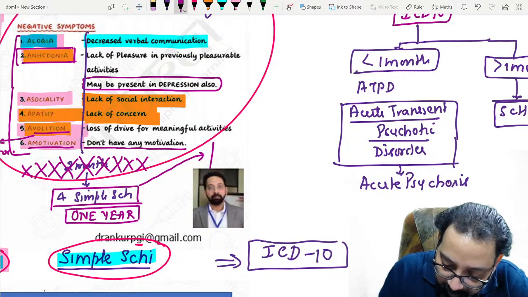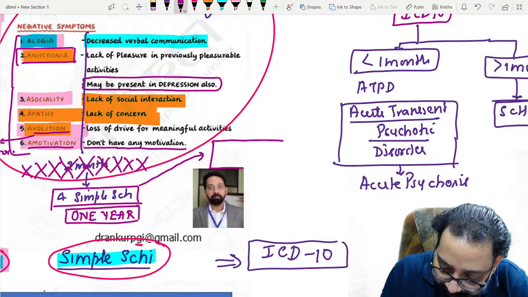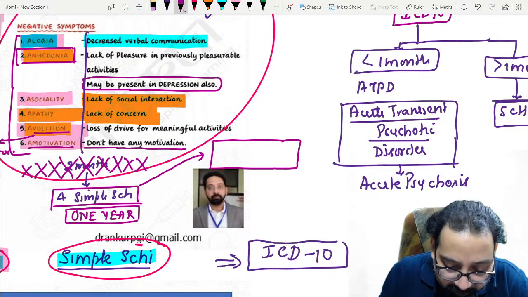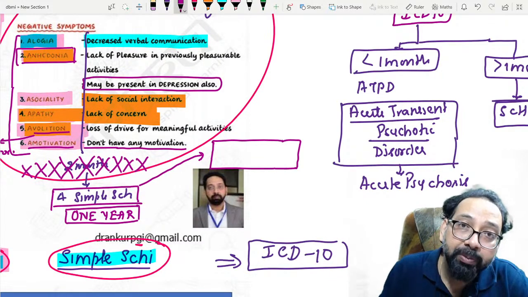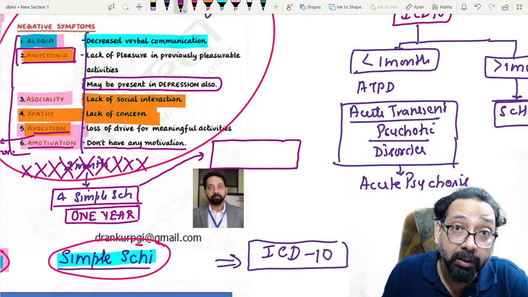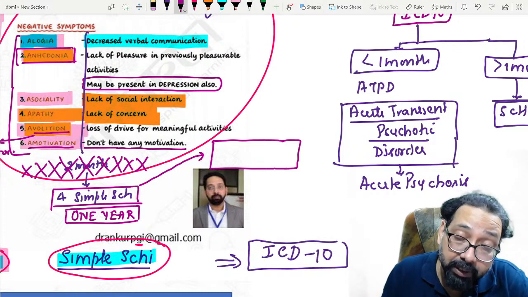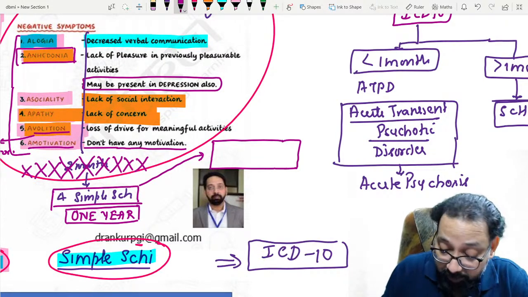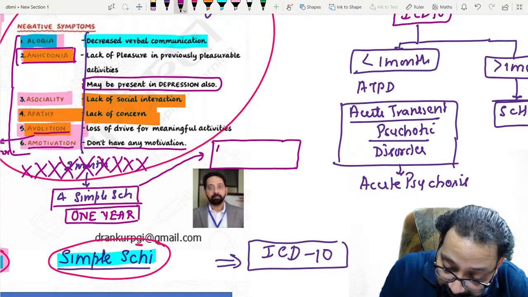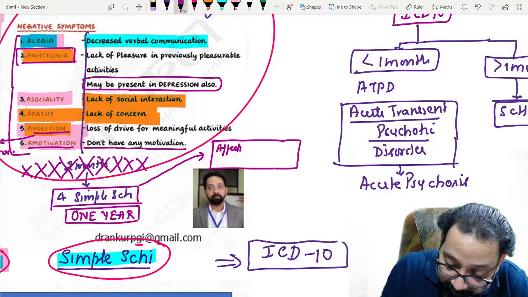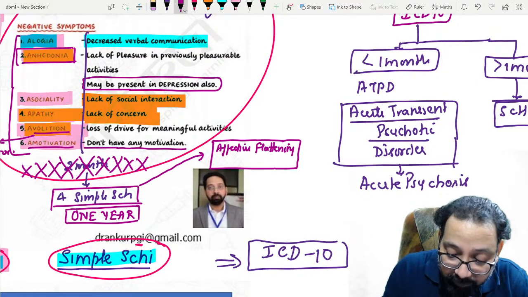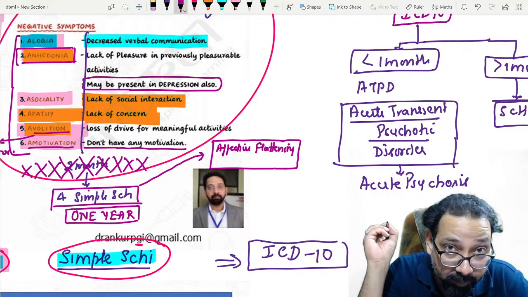When clinical questions are asked, they give negative symptoms, and we get confused many times that these negative symptoms may be part of depression. But they will give a few points, just like affective flattening. Flattening of affect is seen in schizophrenia.